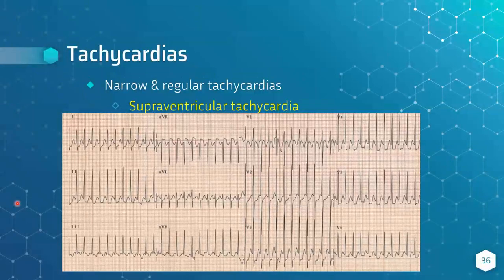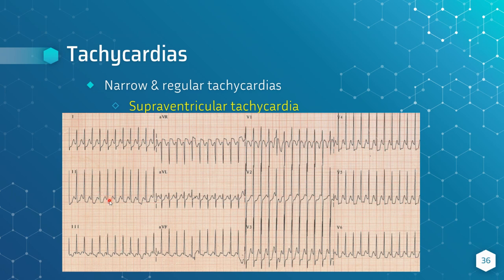Going next here, so SVT. So like I said, this heart rate is just extremely fast. You really can't tell what's going on, and that's why they put all those terminologies together and call it SVT. So if you're going to be an electrophysiologist or cardiologist, you'll actually map out the pathways that are involved because usually there's a reentry circuit happening that makes the heart rate jump up this high.